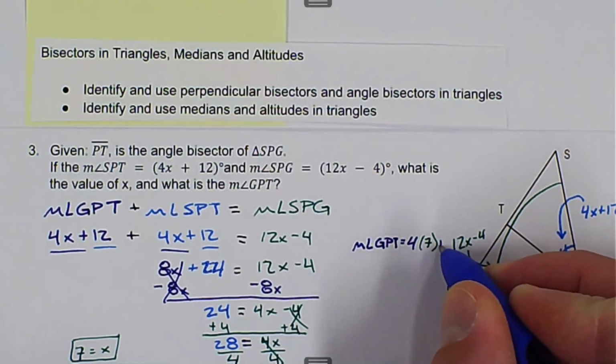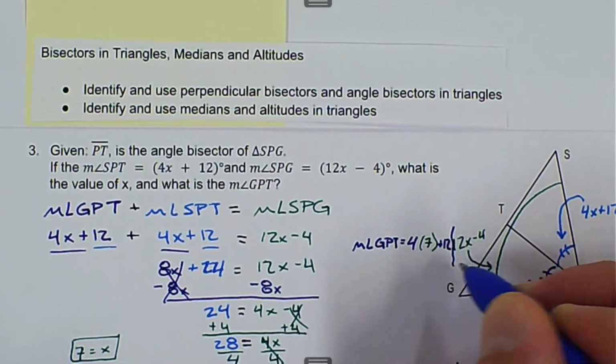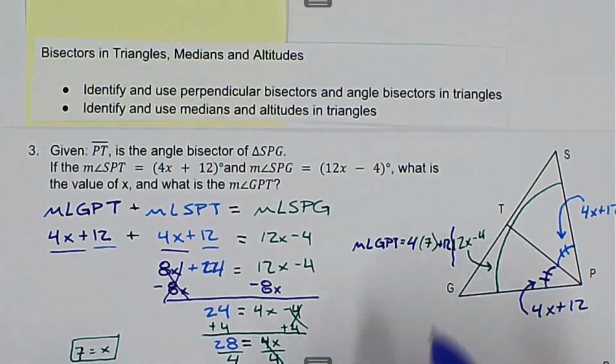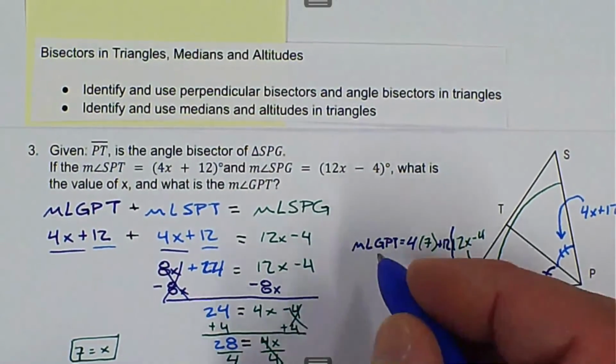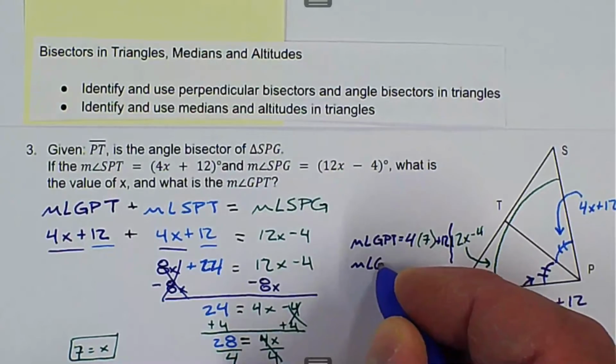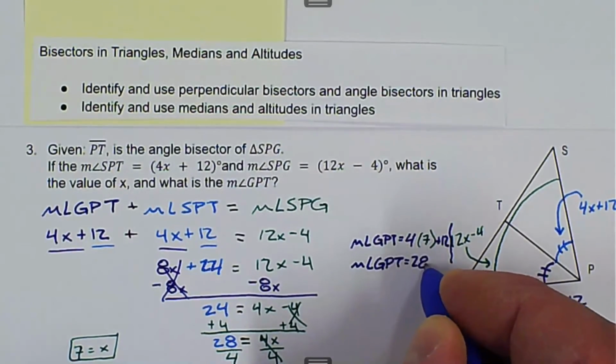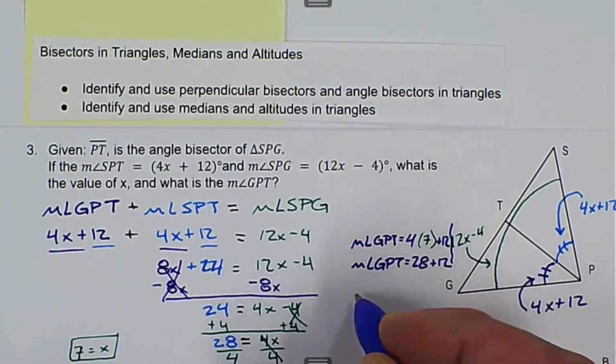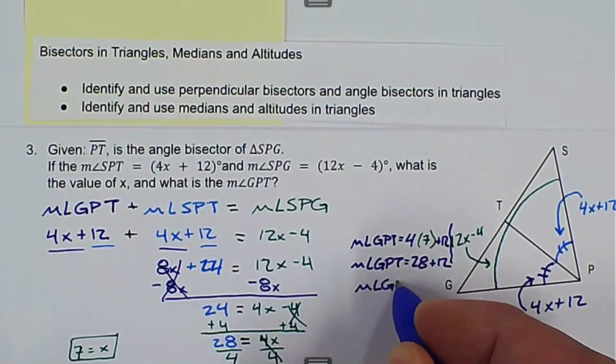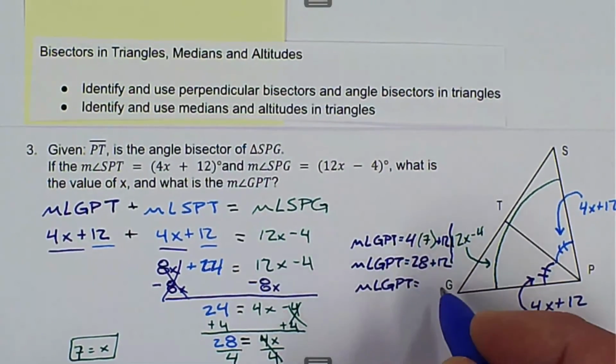And we still have to add that 12 right there. So 4 times 7 is 28, plus 12. So the measure of angle GPT is equal to 40.